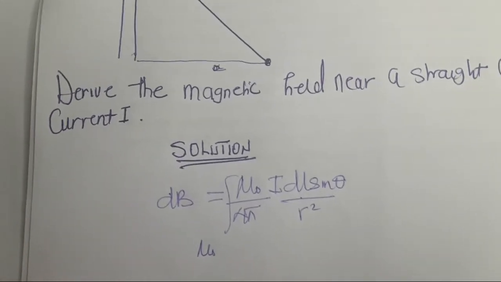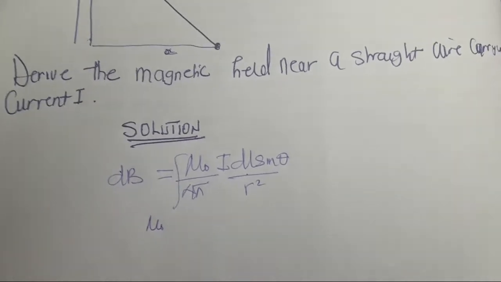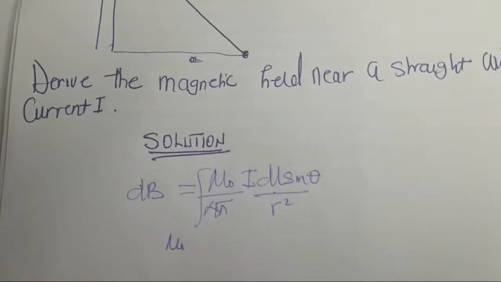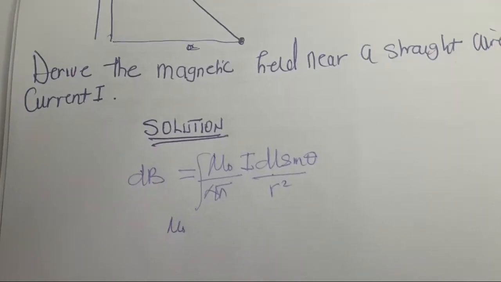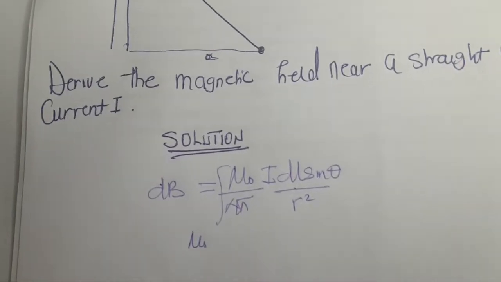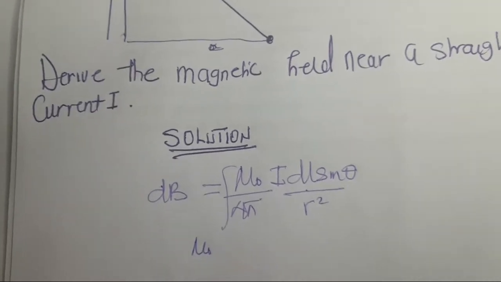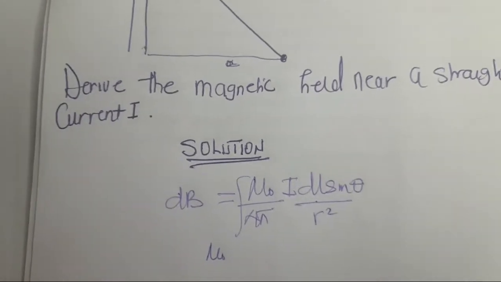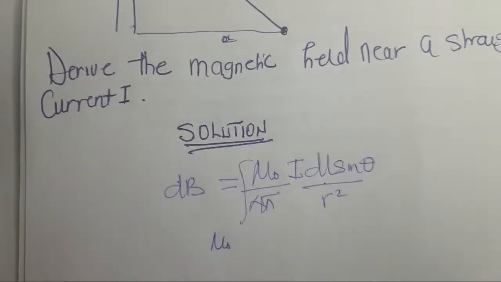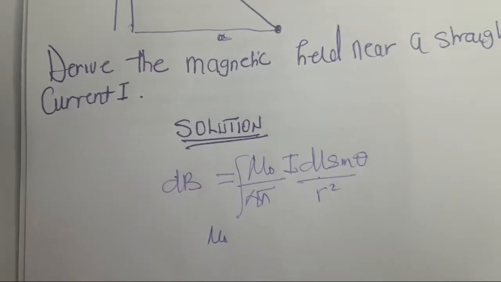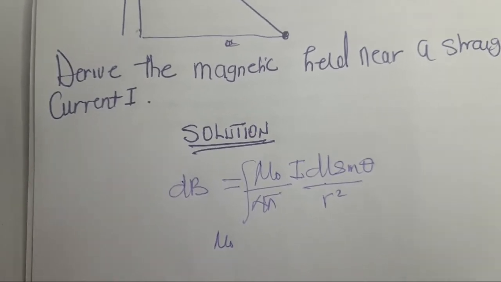Now we are going to use Biot-Savart law in solving it. Why? Because I've already stated what Biot-Savart law is used for, so it's going to make more sense. Biot-Savart law is an equation that gives the magnetic field produced due to a current carrying conductor.